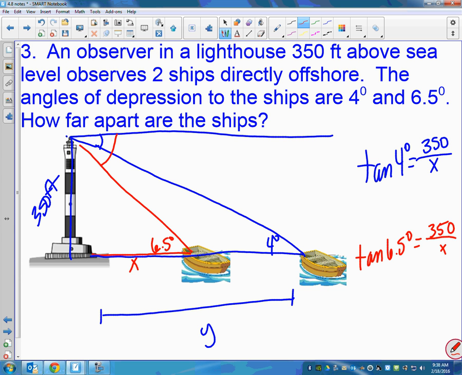So again, when you're looking for x on the bottom, you're going to take 350 to the side and draw a tangent of those equals. Well, that's what x is, direction of y.